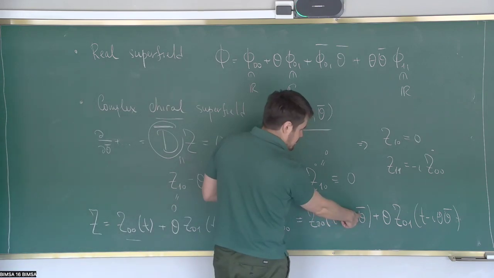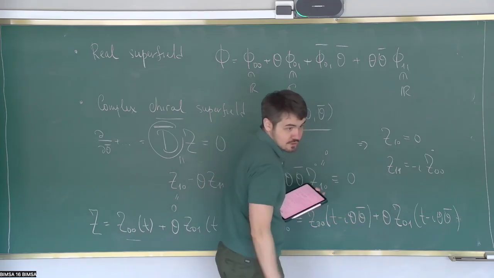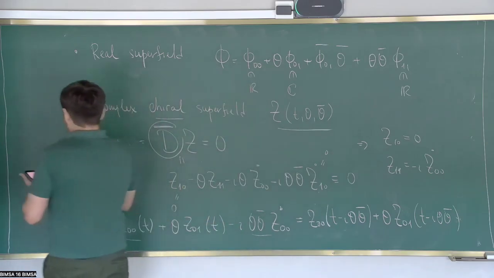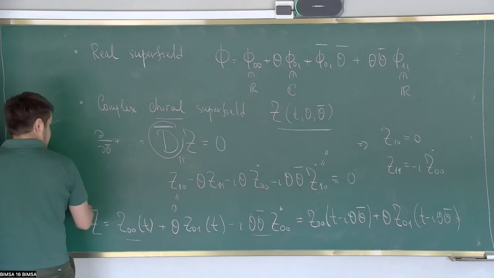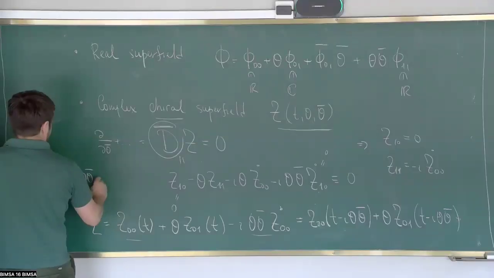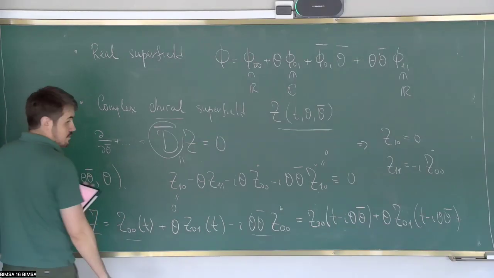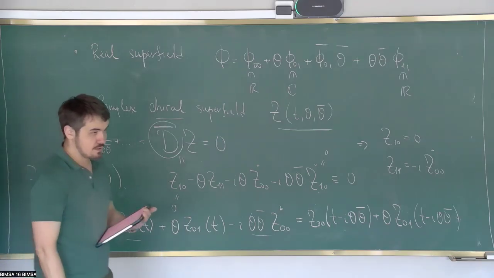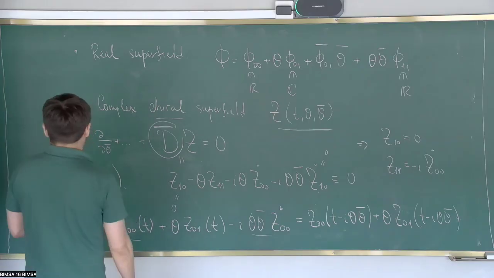So it depends on theta bar, but only in some combination, and otherwise it can be solved with just a function of theta. So in other words, z is a function of this shifted time and theta. It only depends on theta bar in a controlled way. It doesn't introduce new field components in theta bar.